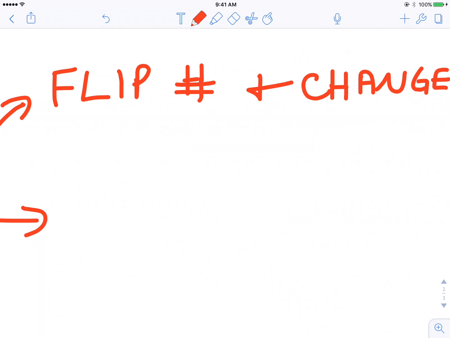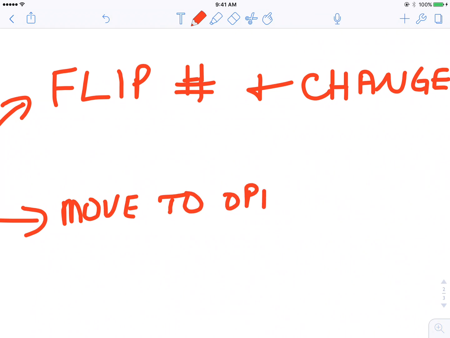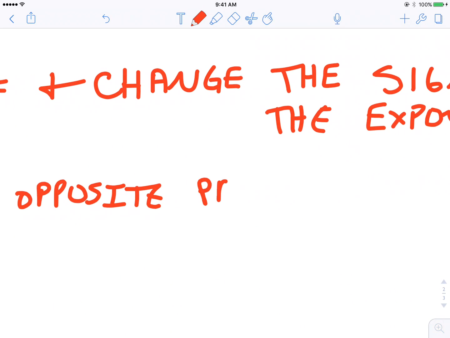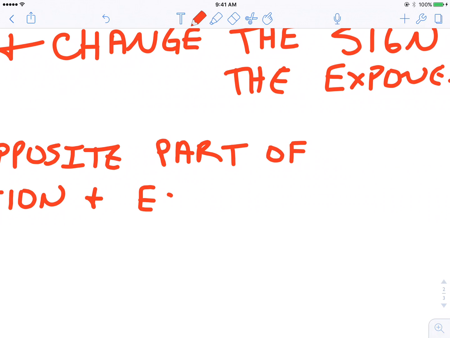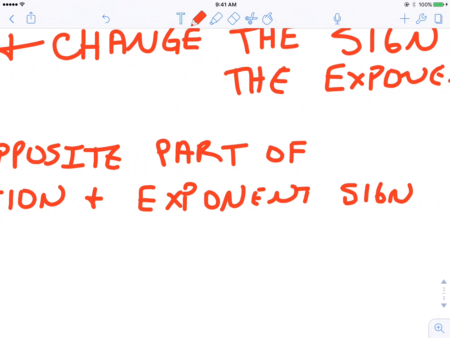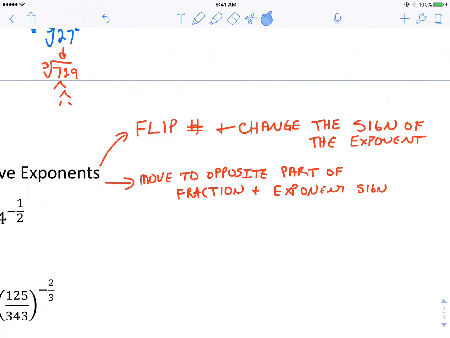So another rule to remember when you're at the end step is to just move those negative exponents to the opposite part of the fraction and change the exponent sign. And when we get to those examples, you'll see what that means.